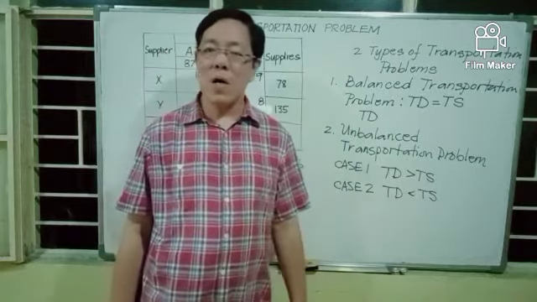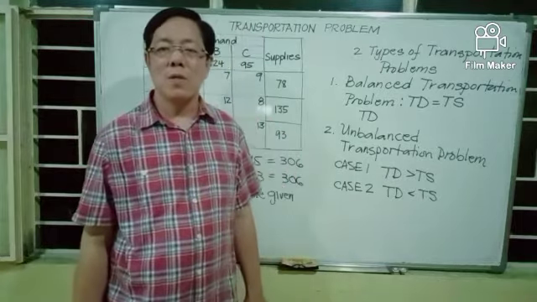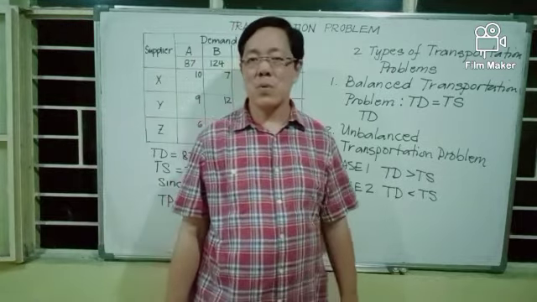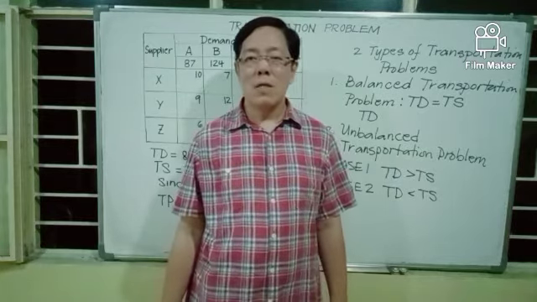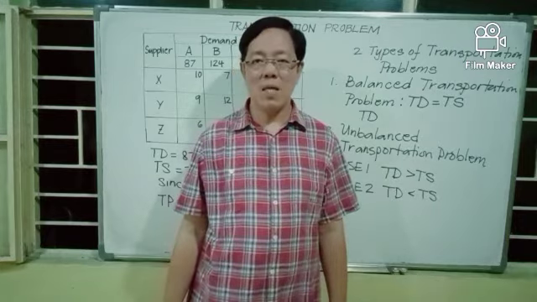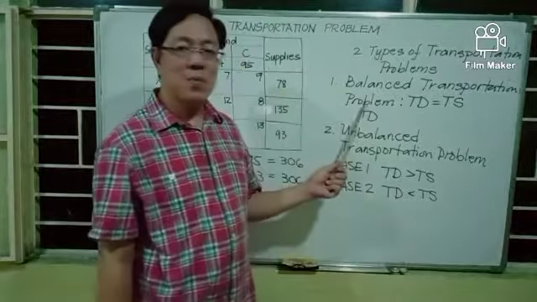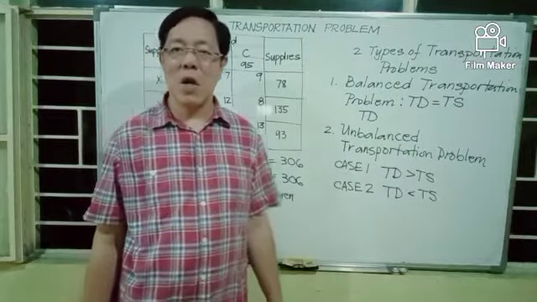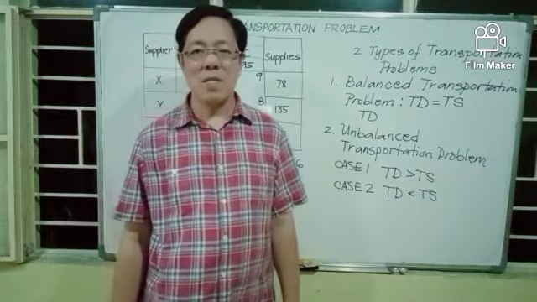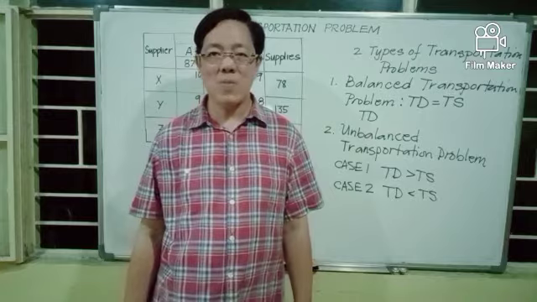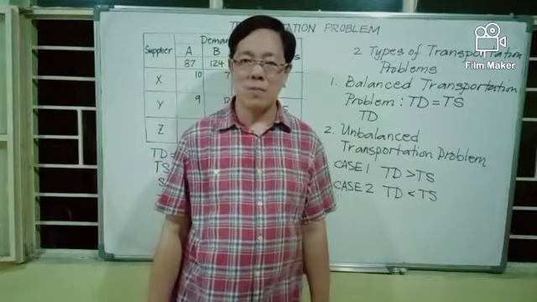So, if you are given a transportation problem, before you proceed to solve it, you have to check first if it is balanced or unbalanced. If it is balanced, you can go ahead and solve it. But if it is unbalanced, you first have to balance it before you proceed with your solution.